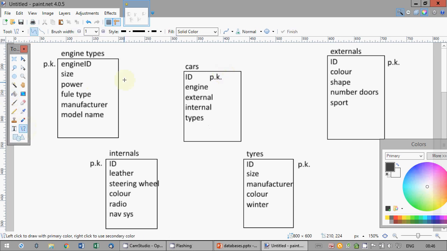Okay, relations, engine with engine, external with external. The relation with a junction table, it's always like this. Foreign keys in the junction table and primary keys in the other tables. Oops, I wrote types instead of tires. Ouch.